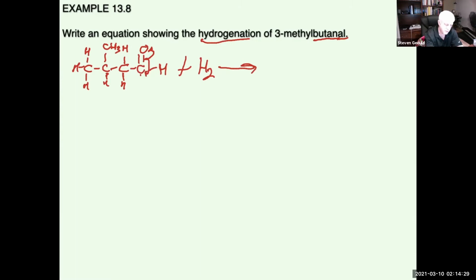So we're going to end up with CH3, CH3, CH2, C, our double bond is going to open up here, and we're going to add our hydrogen and our hydrogen, and then hydrogen. So now we've ended up with 3-methyl-1-butanol as our product.